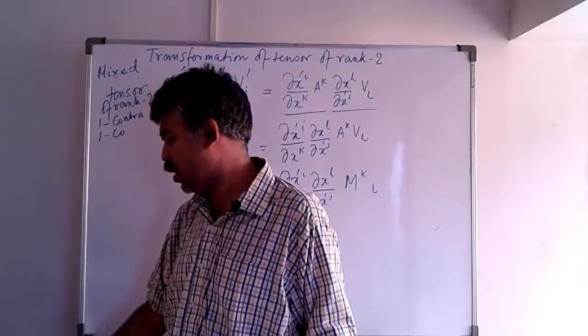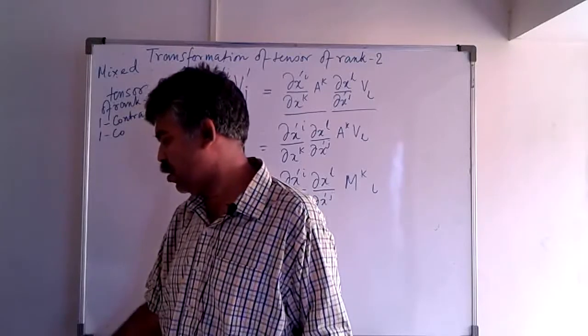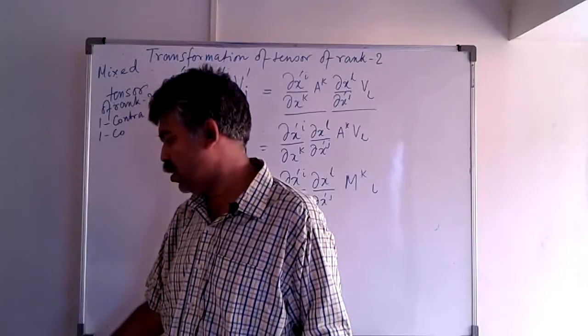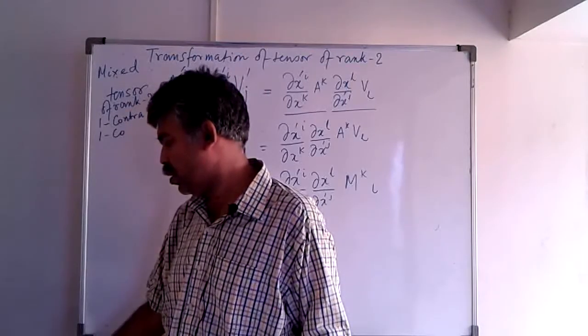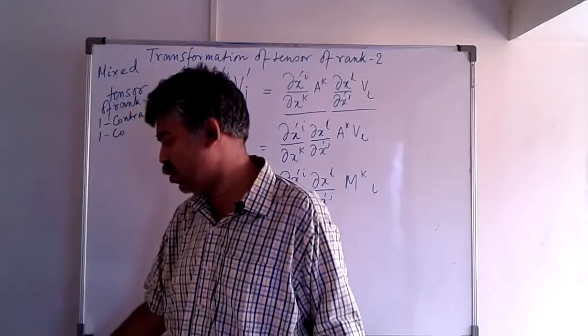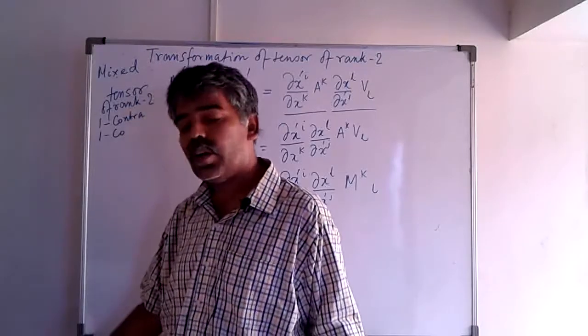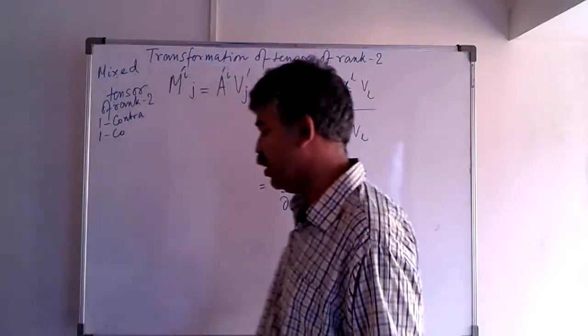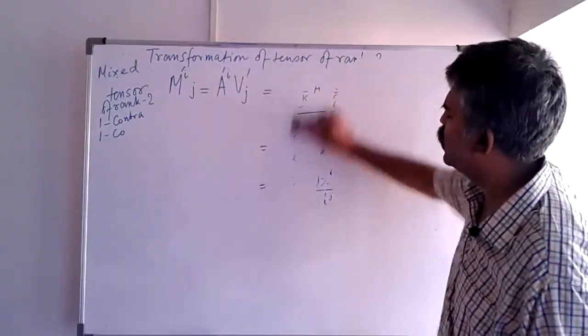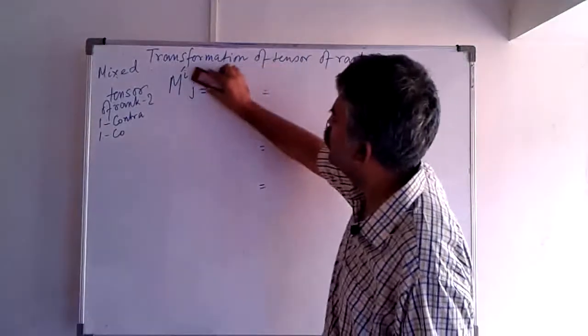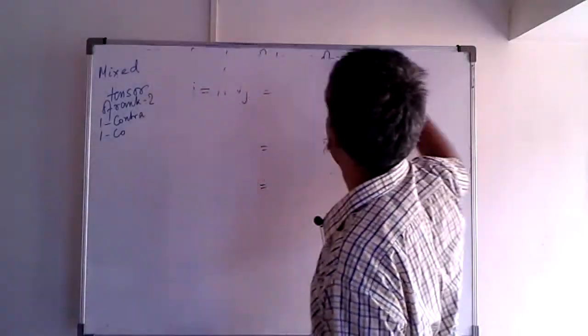Anything I have not touched as yet? Contraction I have done, inner product I have done. Let me say one thing. Any tensor can be represented as a sum of a symmetric tensor and an antisymmetric tensor.